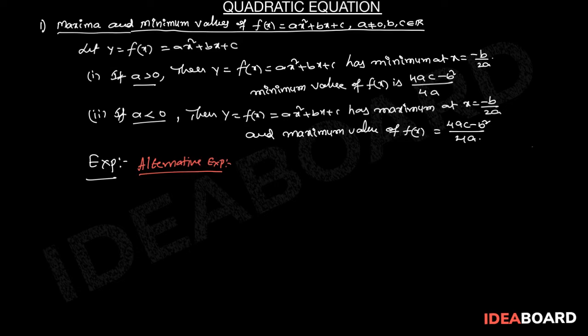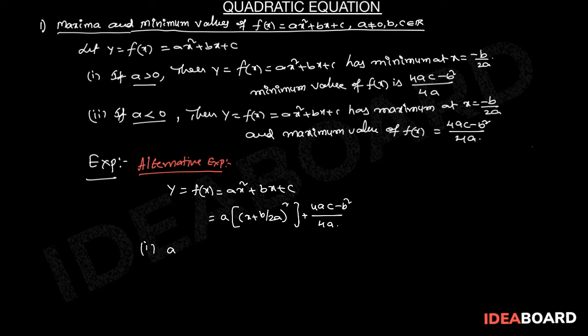Now, an alternative explanation. y = f(x) = ax² + bx + c. Taking a common, we write this as a(x + b/2a)² + (4ac - b²)/4a. If a is greater than 0, then y = a(x + b/2a)² + (4ac - b²)/4a.